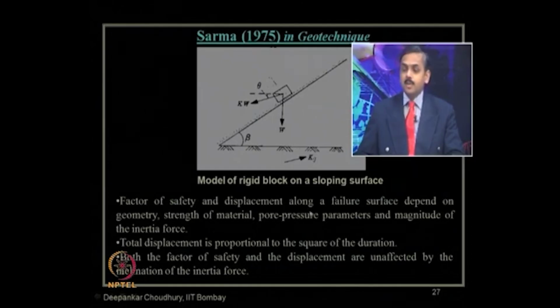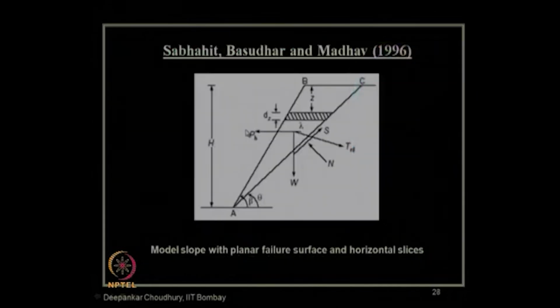Factor of safety and displacement along a failure surface depend on the geometry, strength of the material, pore pressure parameters and magnitude of the inertia force, and total displacement is proportional to the square of the duration, that we know, because you are integrating it 2 times. Both the factor of safety and displacement are unaffected by the inclination of the inertia force. That is what Sharma in 1975 had proposed.